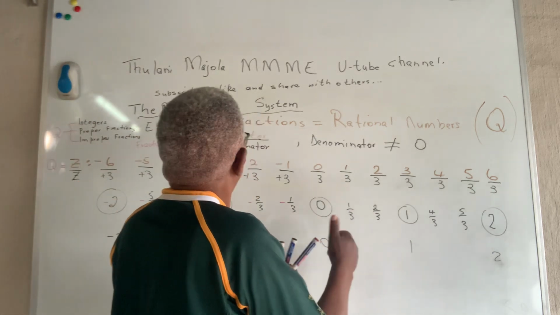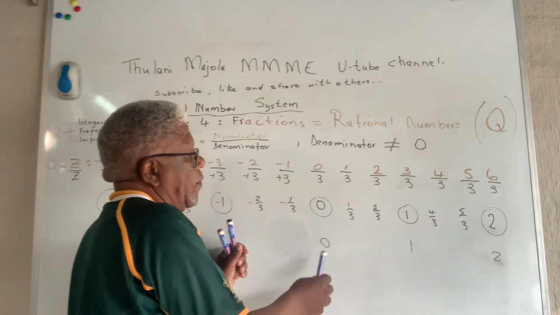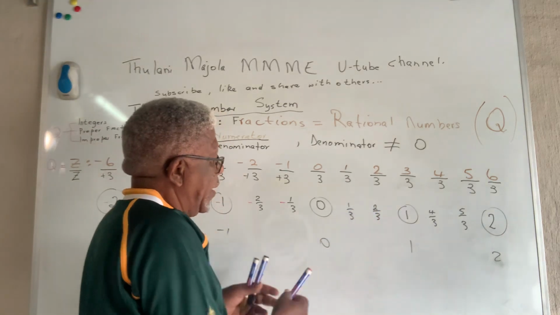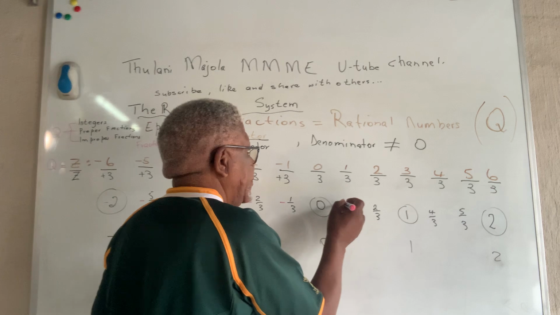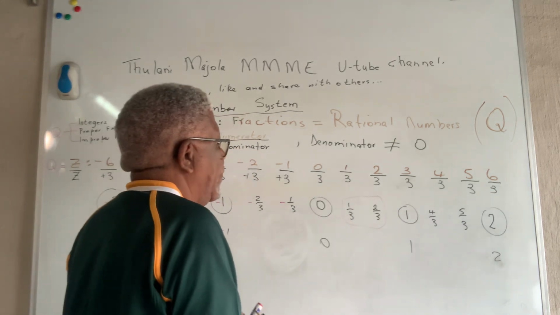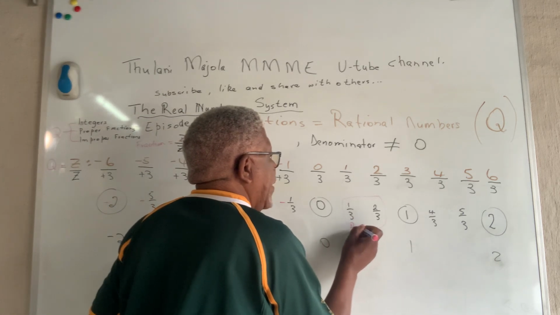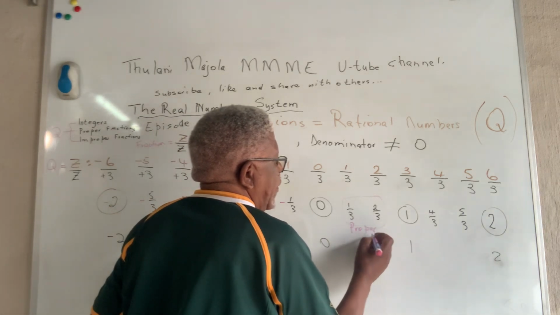Proper fractions have a numerator and denominator, but the denominator 3 is greater than the numerator 1. The denominator 3 is greater than the numerator 1. So these are called proper fractions.